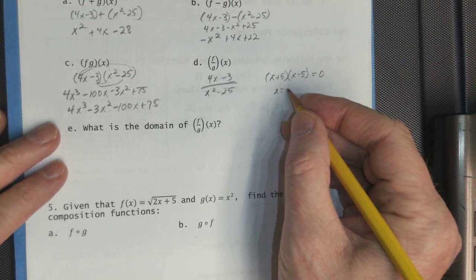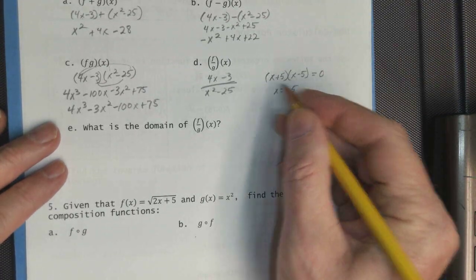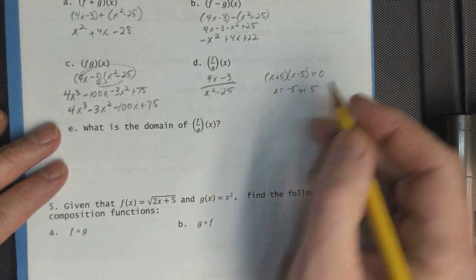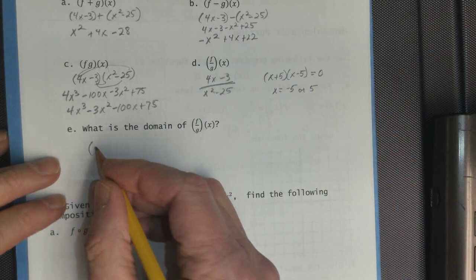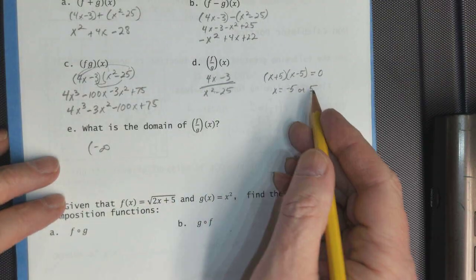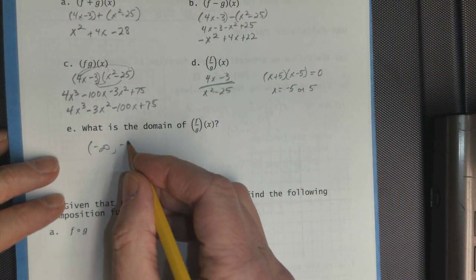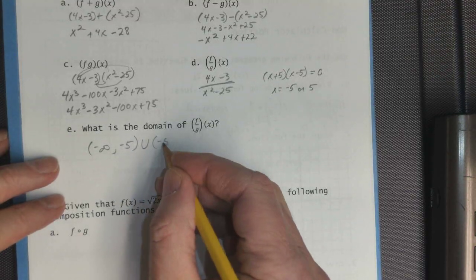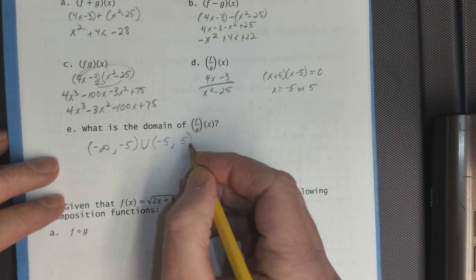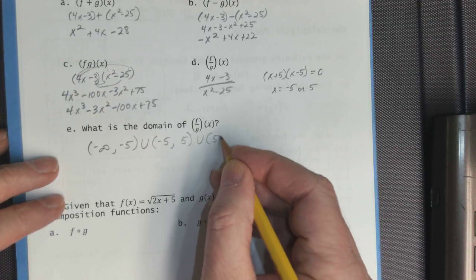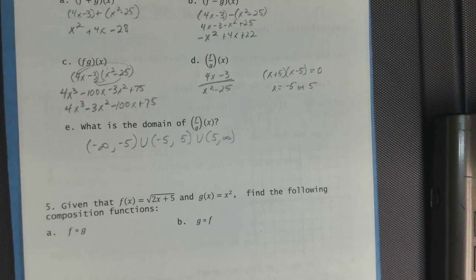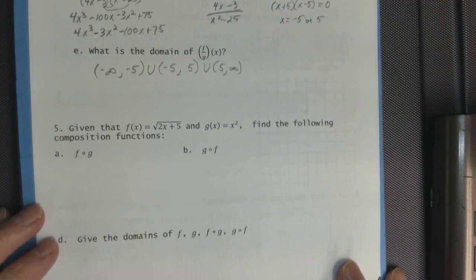And you'll see x equals negative 5 will make this 0, or 5. So if I'm going to write the domain, you can't have negative 5 or 5. I'll go negative infinity to negative 5, negative 5 to positive 5, and 5 to infinity. That's one way of expressing the domain there.